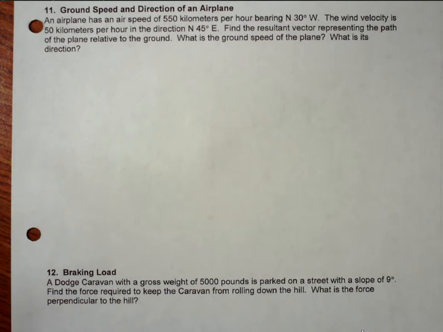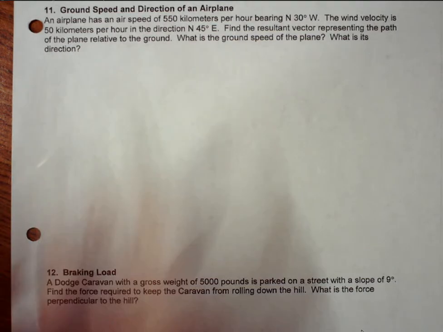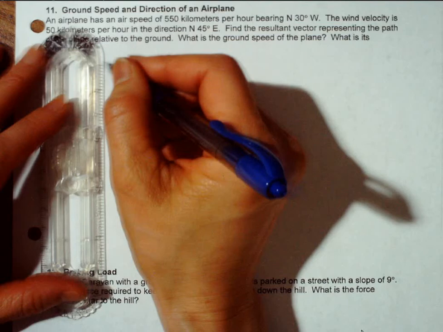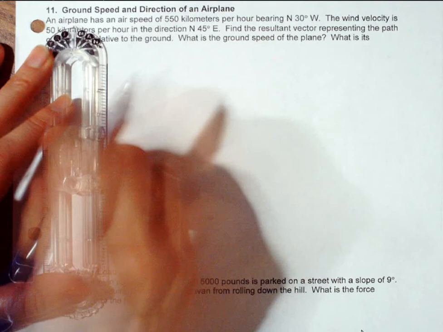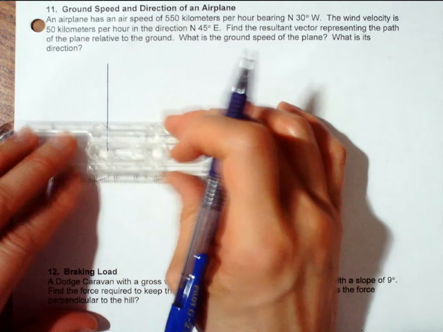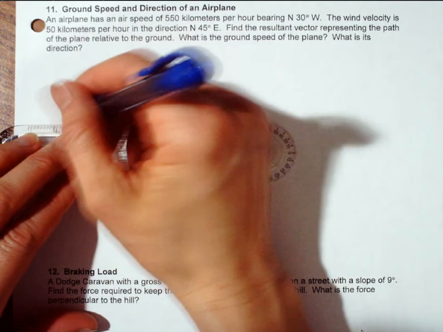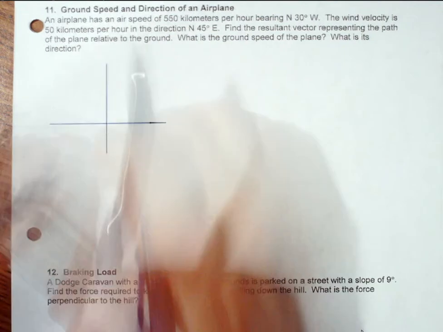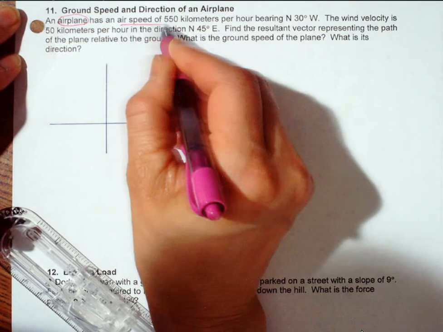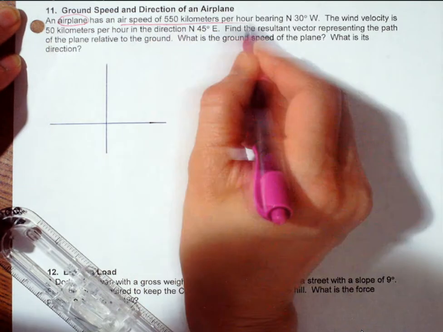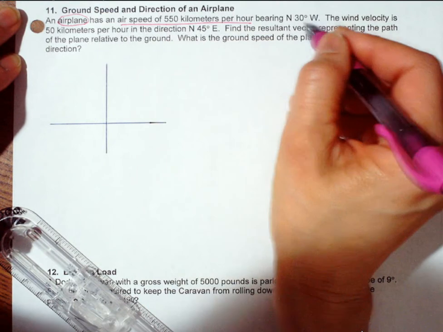Okay, so let's draw this figure out first. Alright, so for my first one, I'm going to look at the airplane, and it has an airspeed of 550 kilometers per hour, so that's the magnitude, and then this is the bearing.